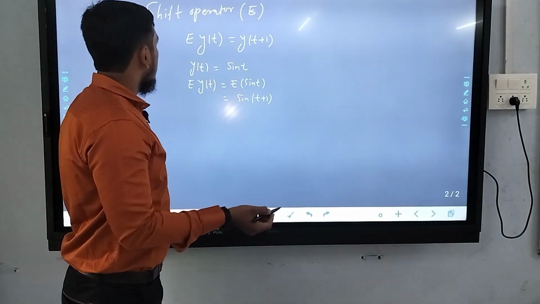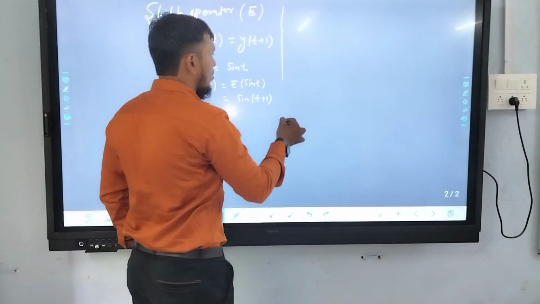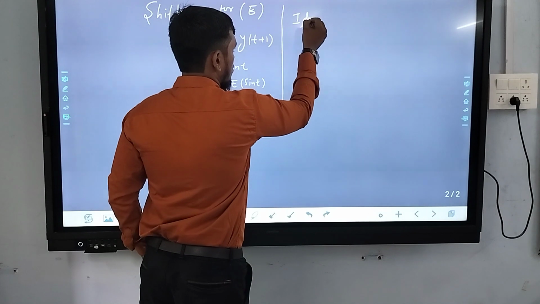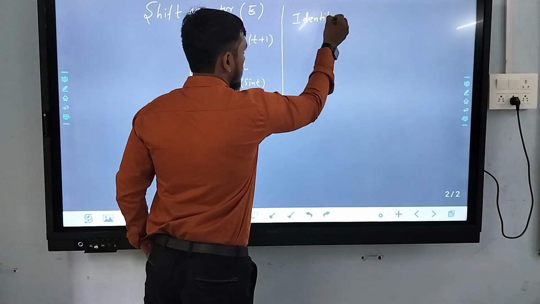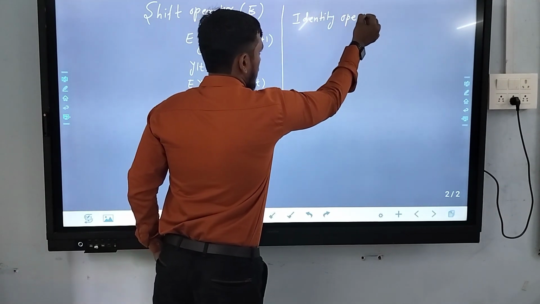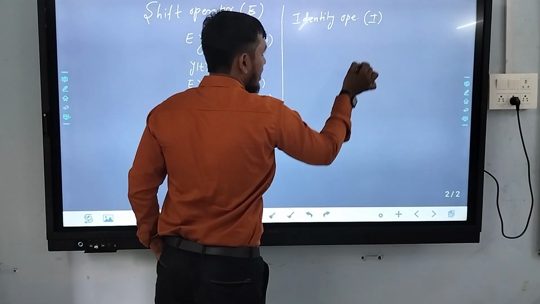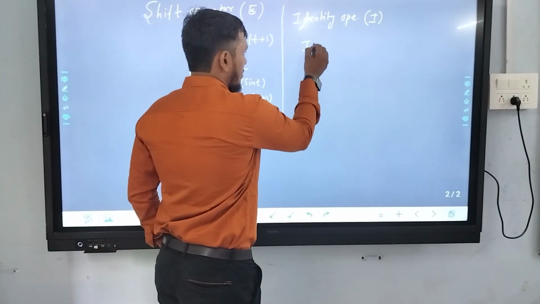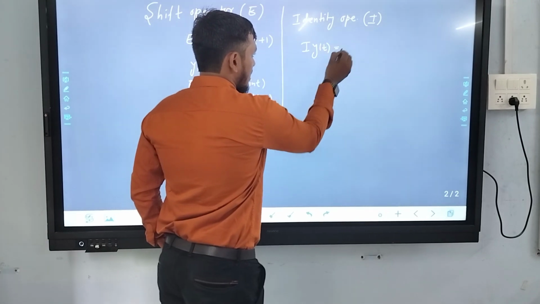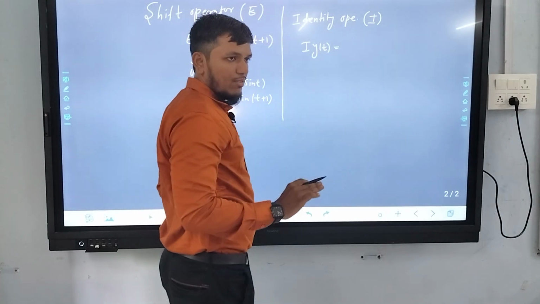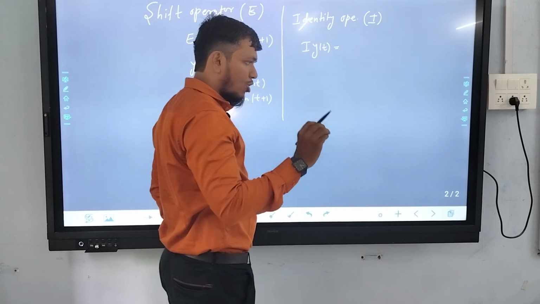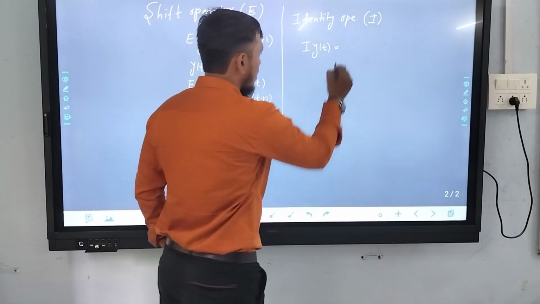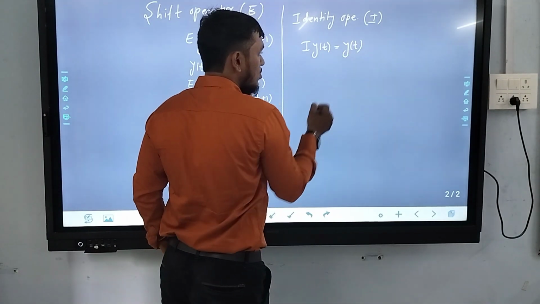Now the next operator is the identity operator. So what is an identity operator? The identity operator is denoted by capital I. When it operates on a function y of t, there is no change in y of t. We get y of t as it is, so I y of t is equal to y of t.